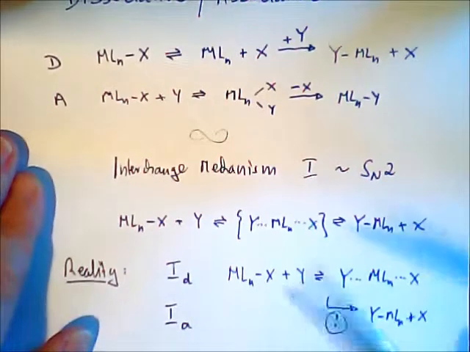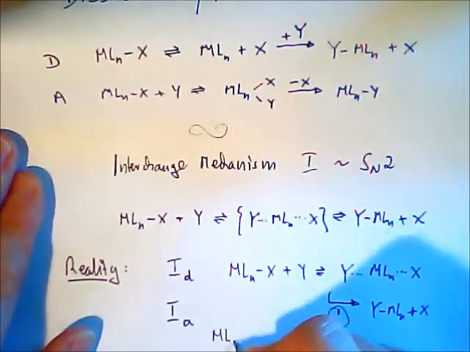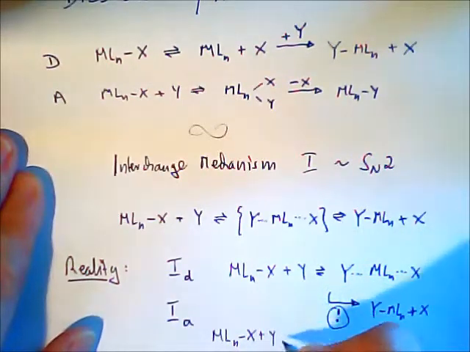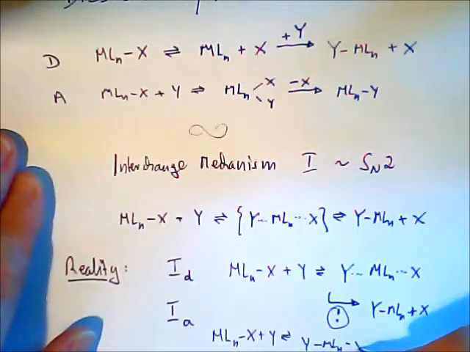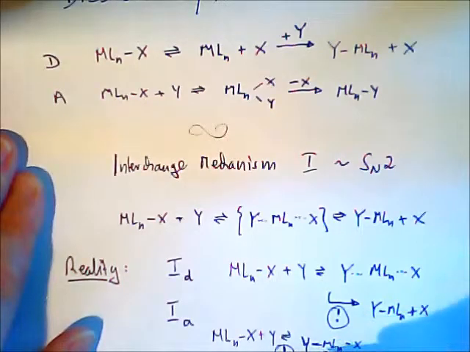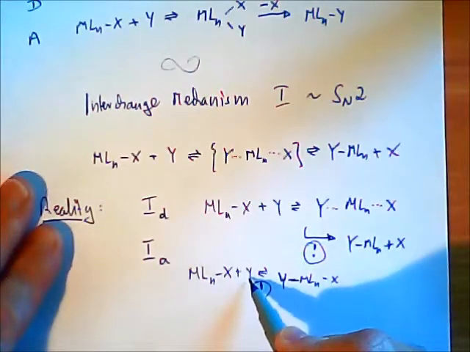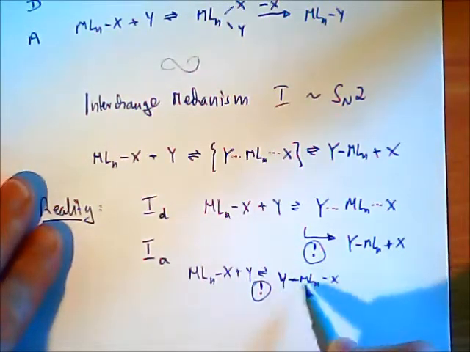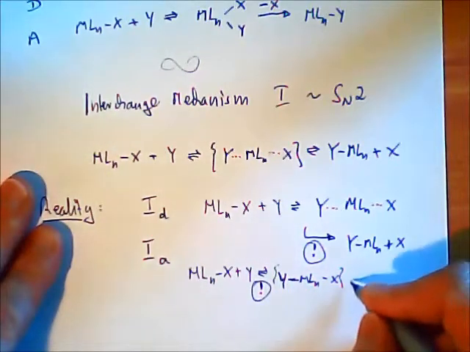And Ia, associative, is the other way around. Here, the first step, forming this bond, the YM bond, is now the critical step to form the bond between metal and Y. It is the slow process which determines the reaction speed.